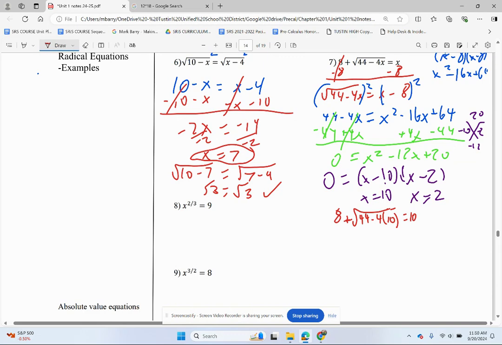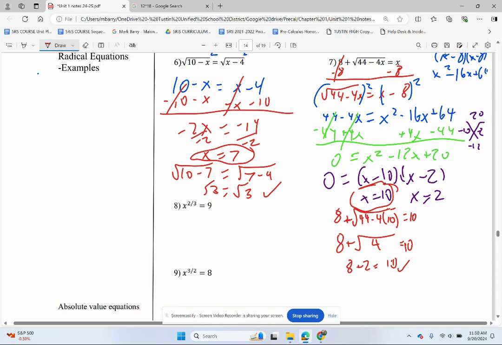Oh, wait, 4 times 10 is 40, so 44 minus 40 is just 4. And so this just says 8 plus 2 equals 10. Obviously, that's true. And so x equals 10 is a legitimate answer.